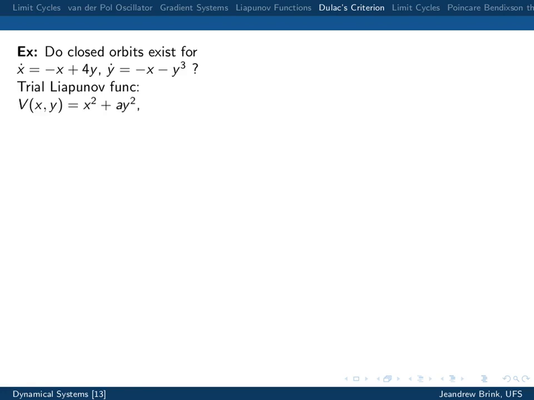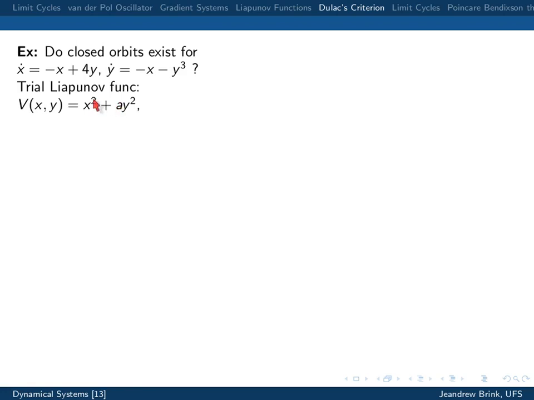In this case, I would say, suppose you had a trial Lyapunov function like this. I haven't given you the whole function. I say it's basically x squared plus a y squared. The reason I have the squares, remember, is that I want my Lyapunov function to be positive definite, so it has to be greater than 0 everywhere except at the fixed point.